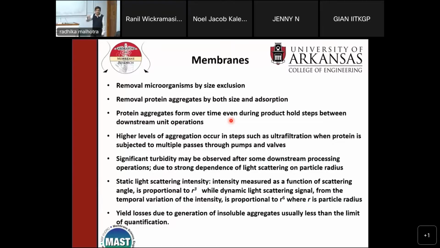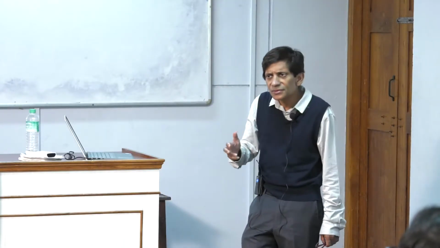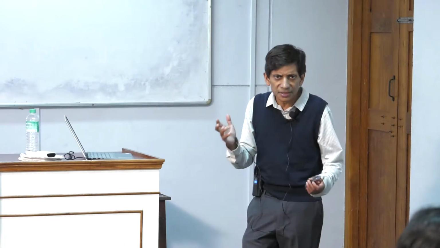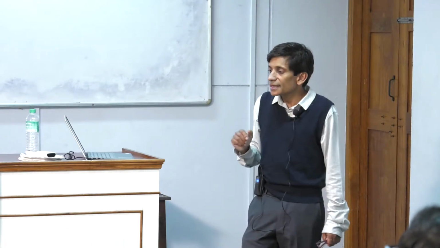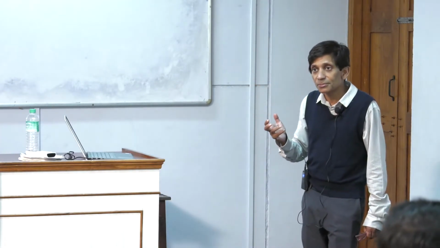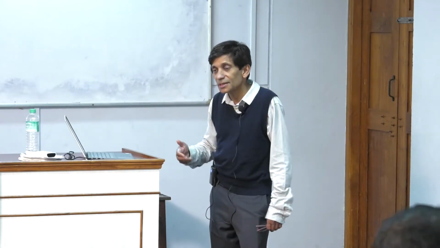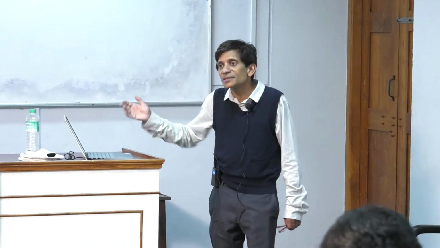It may take a couple of days, may take a week to go through this whole process, okay? Sometimes they run at 4 degrees Celsius, sometimes at room temperature, that depends. So as it goes through, you will get deformation of some of the protein and loss of some of the protein. So these aggregates do form during the whole process, okay? And that's why there are so many repeated sterile filtrations to try and remove aggregates.